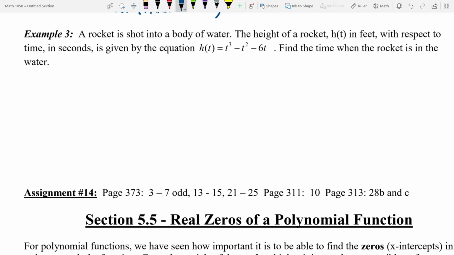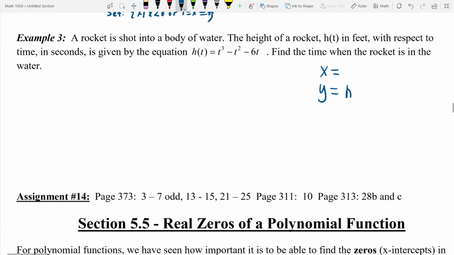Okay, remember when I told you let's do word problems and let's do x equals, y equals, so let's do that. It's solve for h of t, that's your y. What does h of t stand for? Stands for the height, and that would be in feet. What does the t stand for? It says time in seconds, okay?